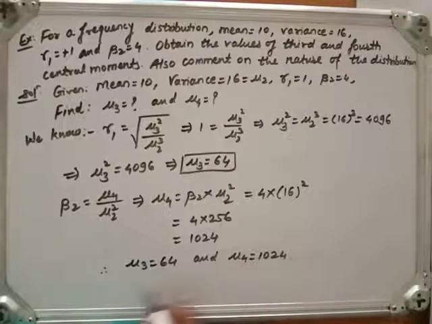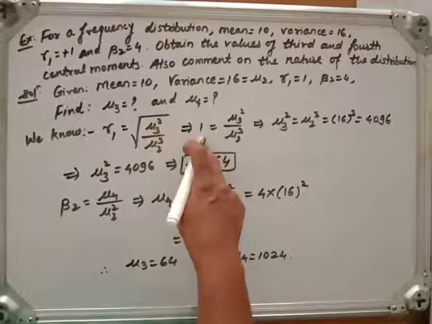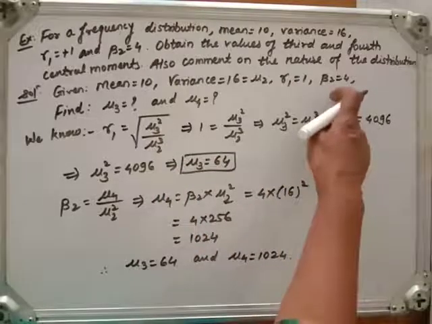Now gamma 1 is positive, so the distribution is positively skewed, and beta 2 is 4, which is greater than 3.